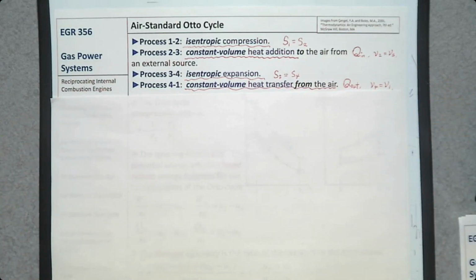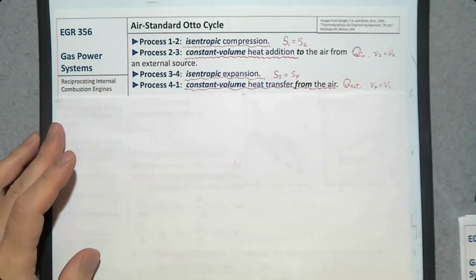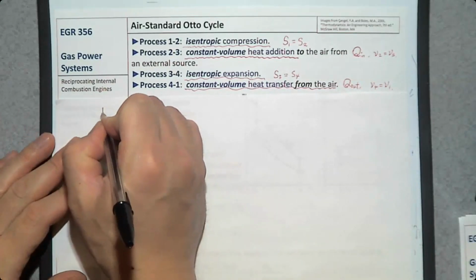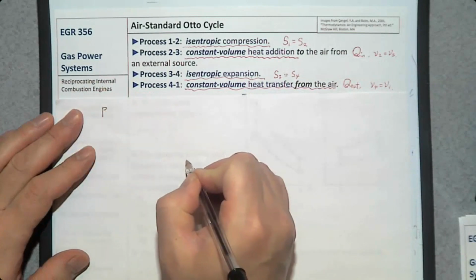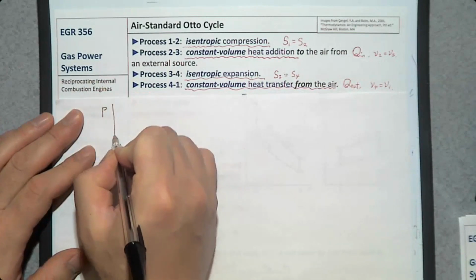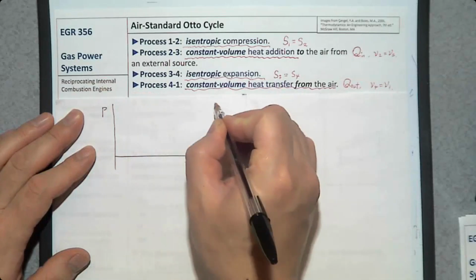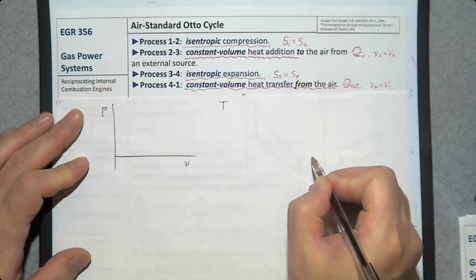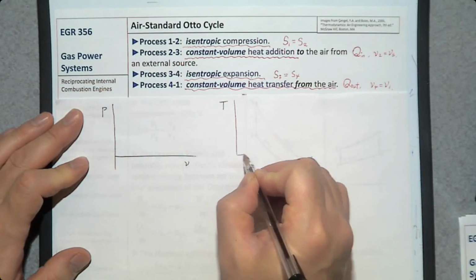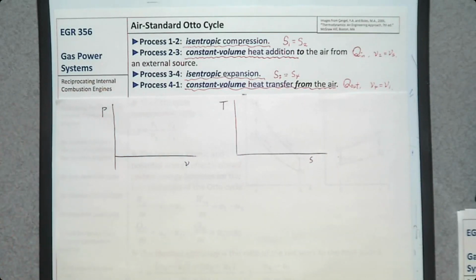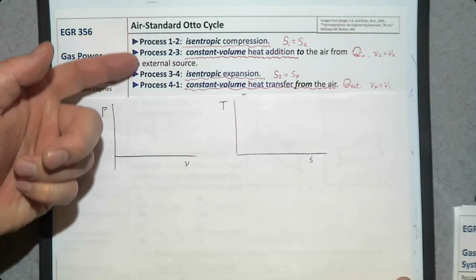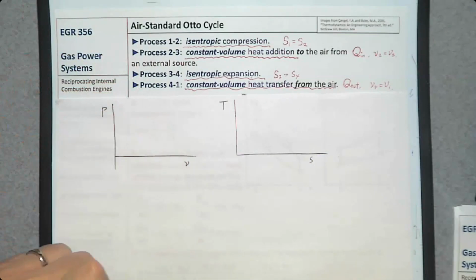So when we study this Otto cycle, we are going to use two property diagrams. The first one is the PV diagram. The other one is the TS diagram. Based on the information provided here, you can complete this PV and TS diagram.